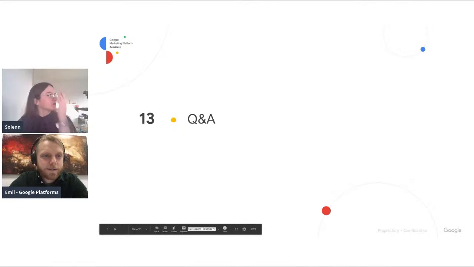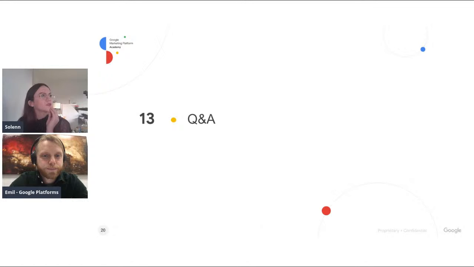Are those JavaScript still being loaded by the server-side container, or do I need a dual setup? So how does it work? You will have a page view tag within your web container, and then you will use transport URL to set the domain or the endpoint that will receive the information.